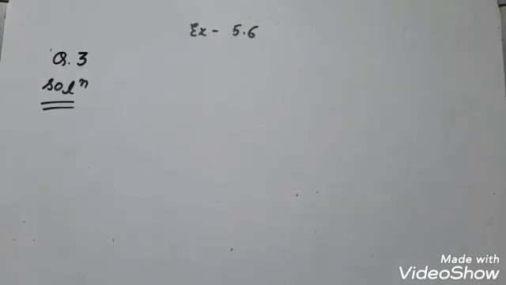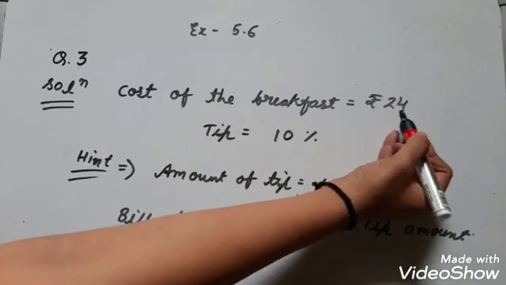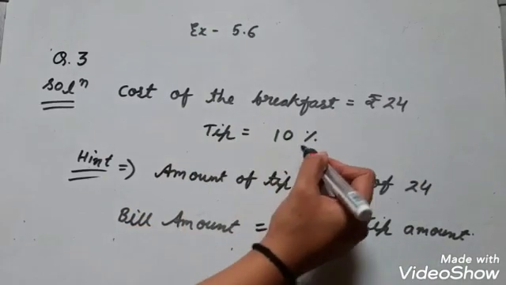Question number 3, I am reading the question. Ruma had breakfast at a cafe and the cost of her breakfast was rupees 24. She left a 10% tip. What was her total bill including the tip? In this question, you have cost of the breakfast rupees 24 and tip of 10%.